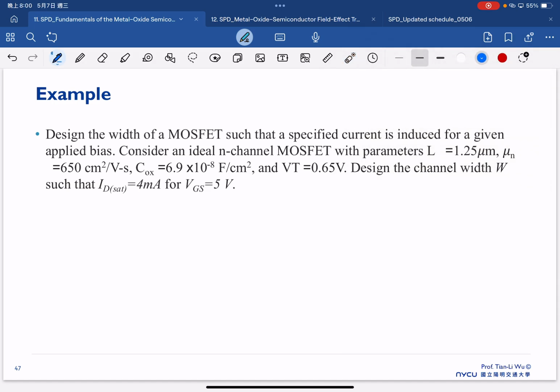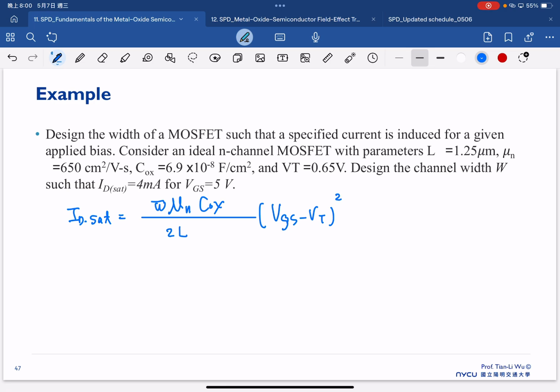First of all, look at the saturation current, where we have ID saturation equal to this one. We have the width, electron mobility, oxide capacitance, 2L, and we have VGS minus VT squared here.